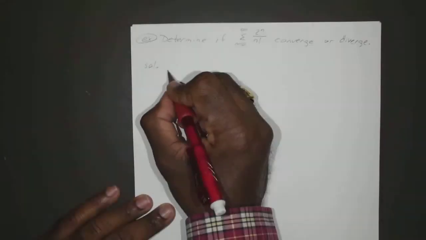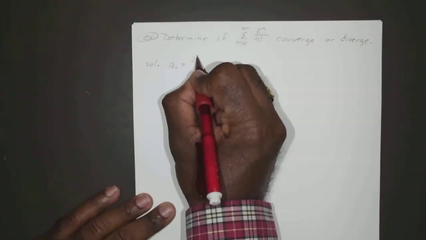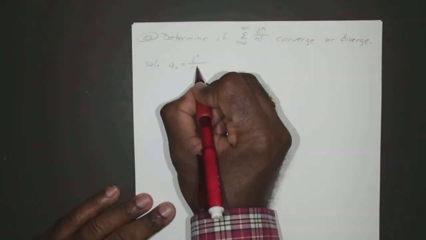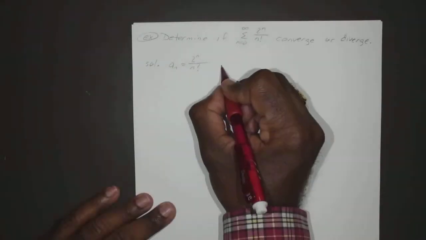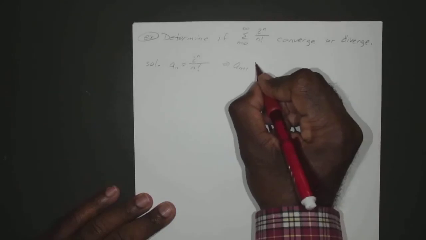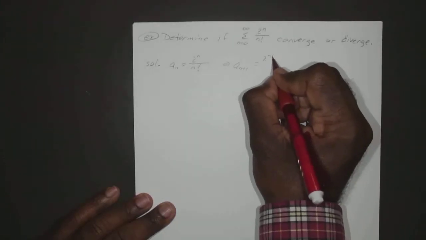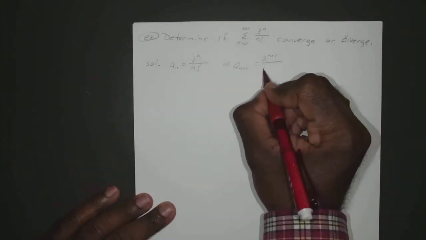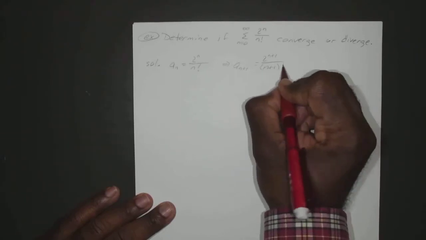Okay, so for this one, our a sub n is going to equal 2 to the nth power over n factorial. So that means your a sub n plus 1 is going to equal 2 to the n plus 1 power over n plus 1 factorial.